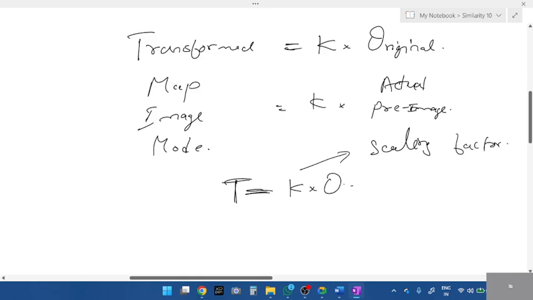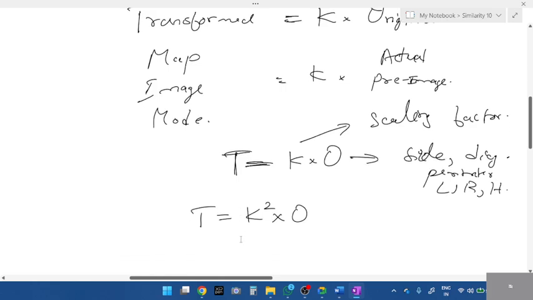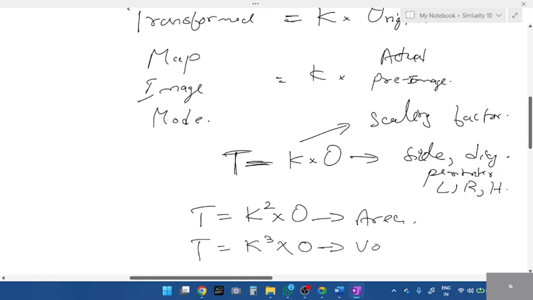This formula is for side, diagonal, perimeter, length, breadth, height. All that we use this. For area, T is equals to K square into original value, K square. That is area. Next, T is equals to K cube into O. This is for volume.